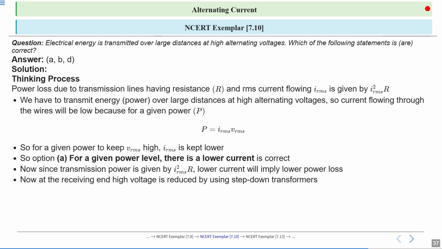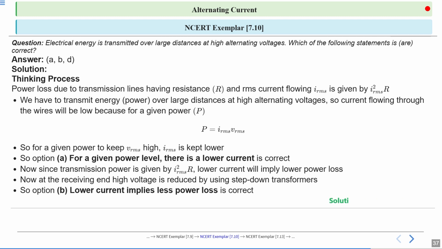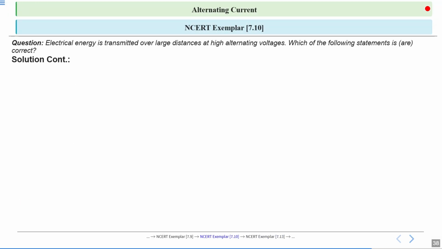But in our homes, we use a very safe voltage range, which is 220 volt or 240 volt. So we have to step down the voltage. At the receiving end, high voltage is reduced by step-down transformers. That's why option D is also correct. Option B, lower current implies less power loss, is correct.